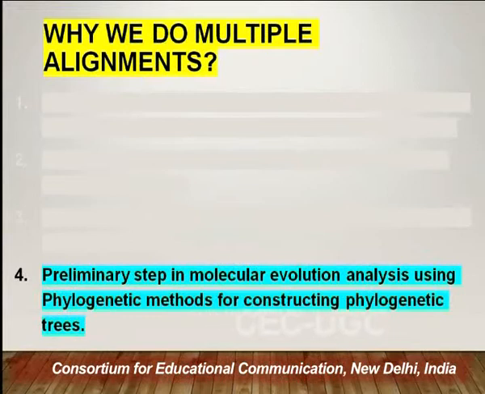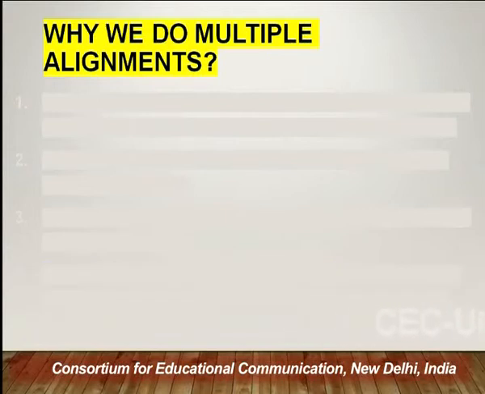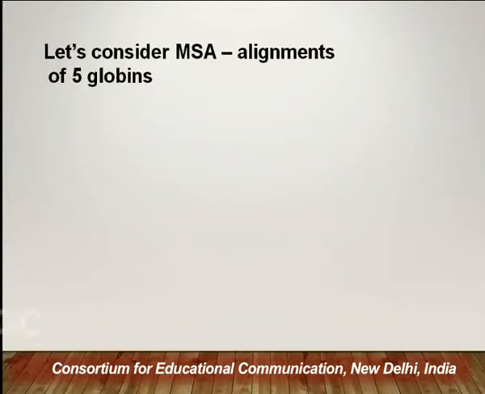We want to know the homologous regions, the orthologous genes and the paralogous genes. Our aim may also be to perform a phylogenetic analysis, and then it becomes the preliminary step, meaning for constructing a phylogenetic tree we must perform a multiple sequence alignment first. With any one of these aims we may be doing multiple sequence alignment.